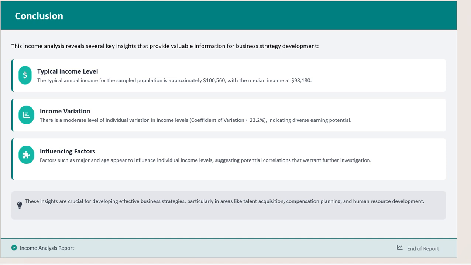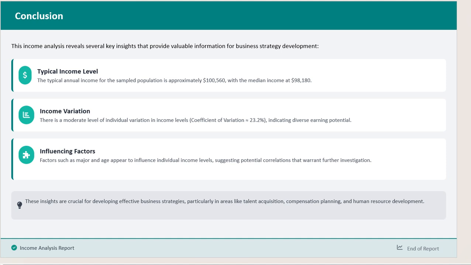A conclusion for this analysis, first is the discussion of the result itself. The typical annual income for the sample population is approximately 100,000 mean income, 98,000 median.